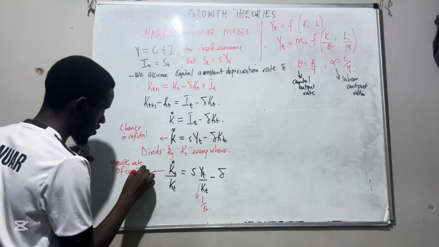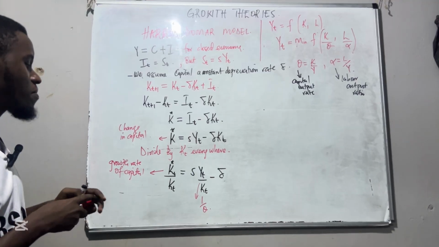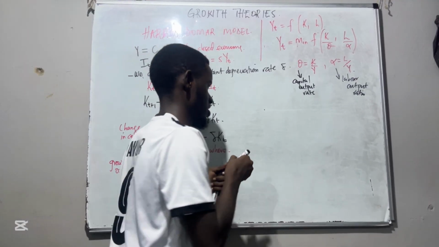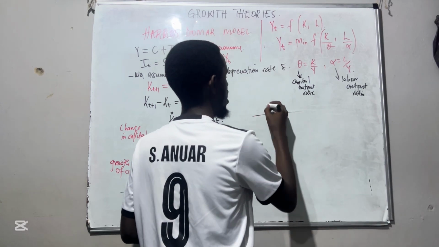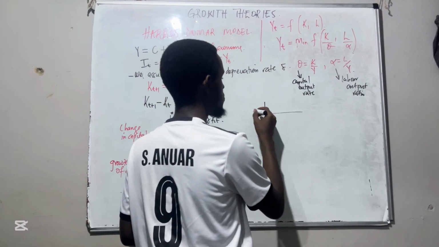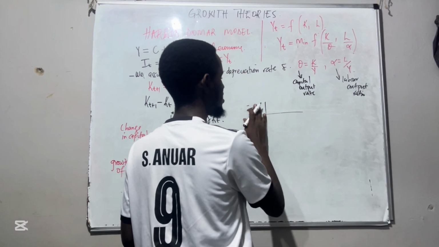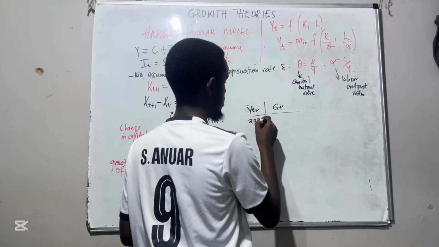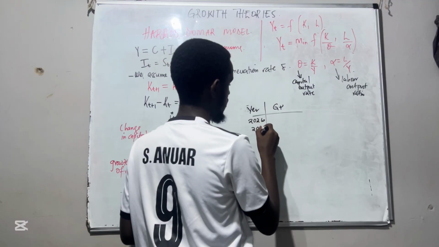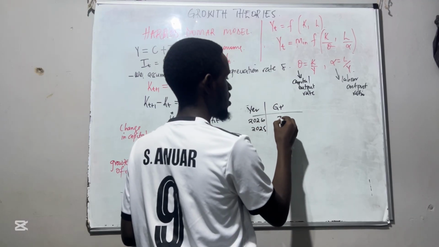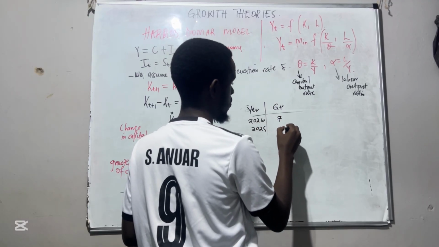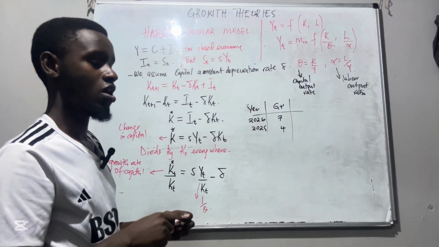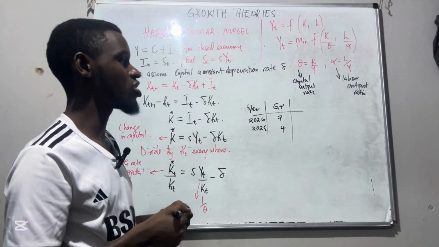Why is it called the growth rate of capital? Let me give you a simple example. If we have values of GDP, here I have GDP for 2025 and 2026, with some value like 4 and then 7, and you find the percentage change in GDP.